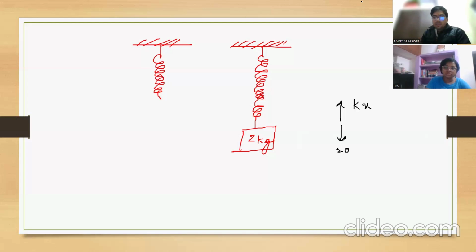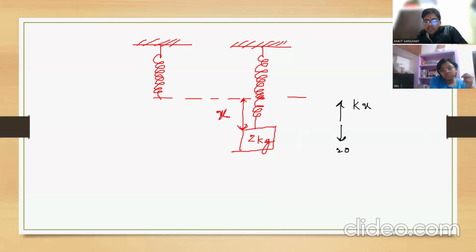F is equal to kx. It elongates by some x from the initial position. That's why spring force is kx.